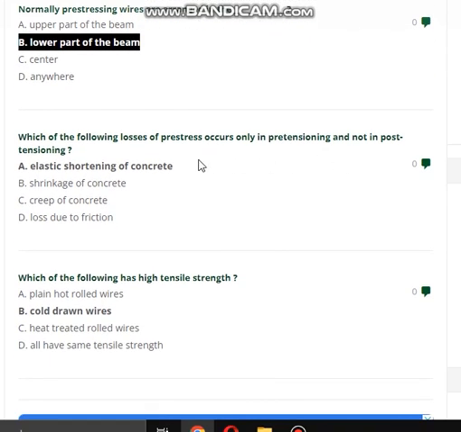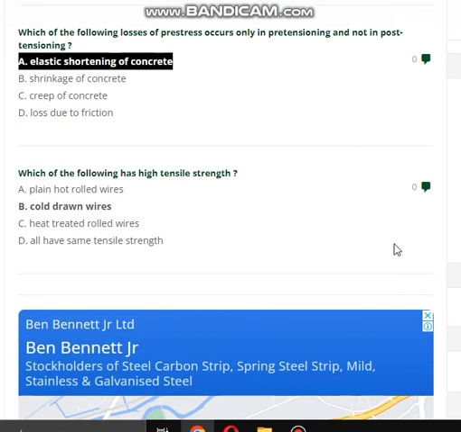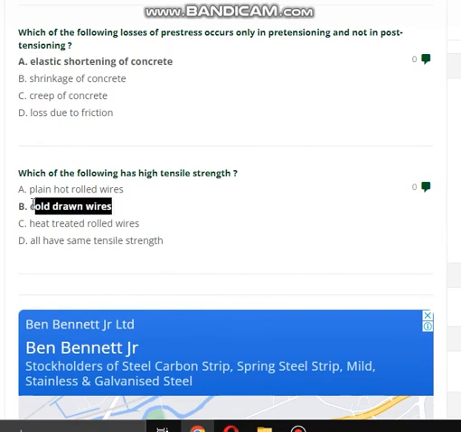Which of the following losses of pre-stress occur only in pre-tensioning and not in post-tensioning? Elastic shortening of concrete. Which of the following has high tensile strength? This is a good question. Cold drawn wire.